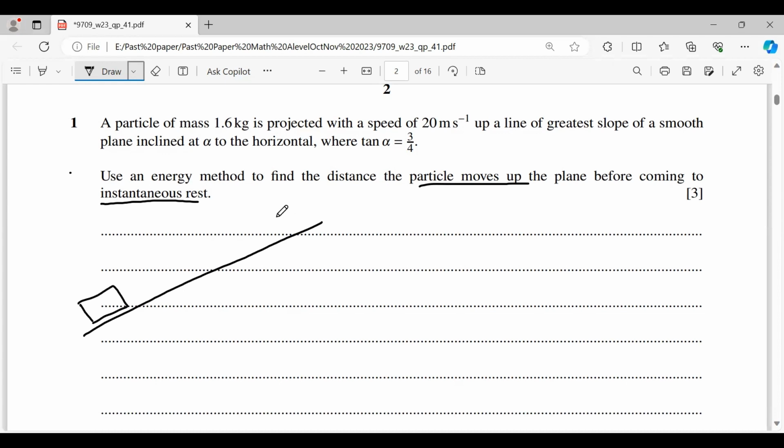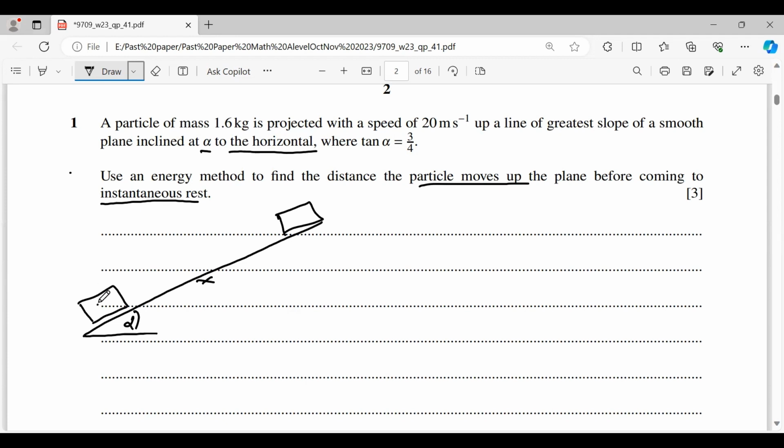It means this particle moves as long as x. And this is angle alpha, according to the information that the smooth plane is inclined at alpha to the horizontal.